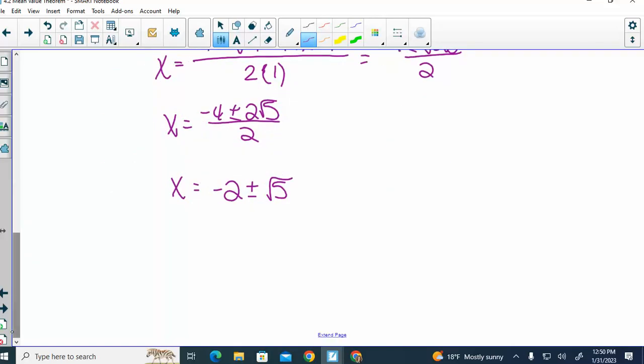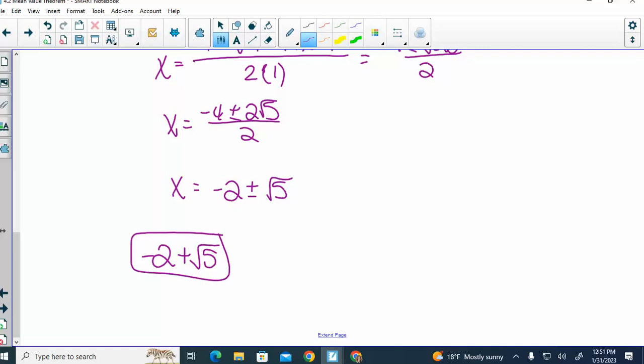So I think only the positive one works. So the only answer in the interval we were given is -2 plus the square root of 5. That was perhaps some uglier numbers than expected. We know polynomials are nice and pretty, but rational functions are a little uglier.